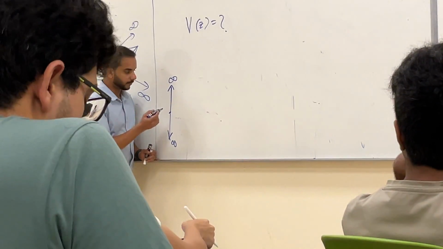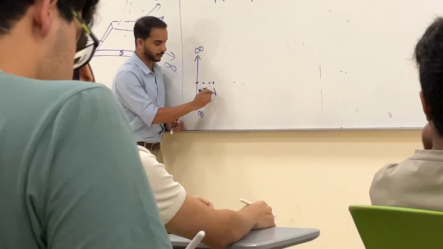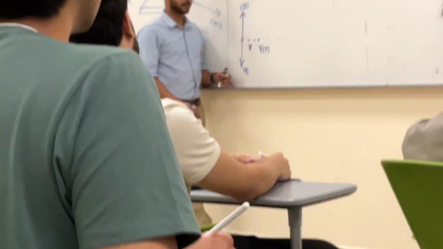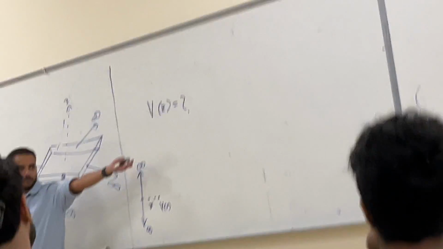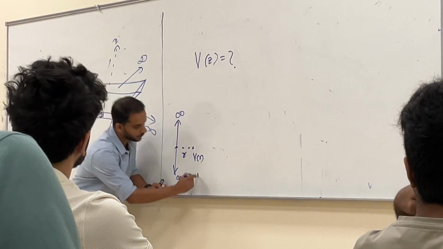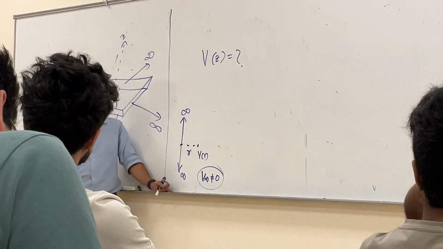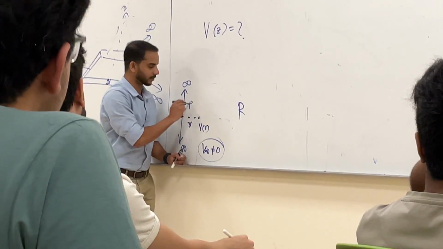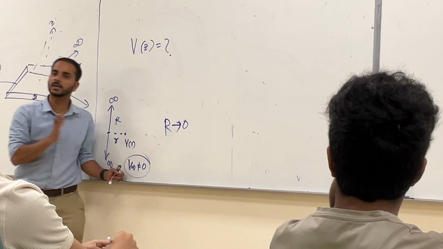In that case, we assume the question was to find the potential at this point, V of R, and you assume an arbitrary point, which could be very far, which is not infinity. At infinity you have charges, so you don't have potential 0. So you assume some point R here or wherever it is, and you assume that it is 0. This is purely an assumption.